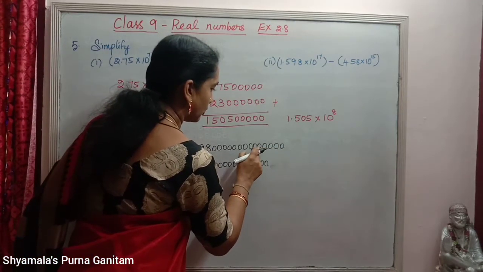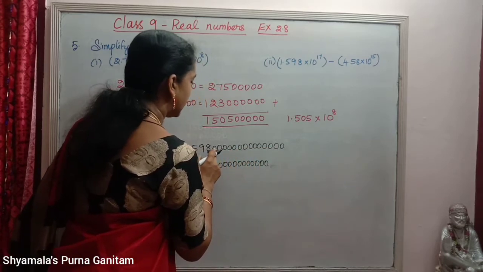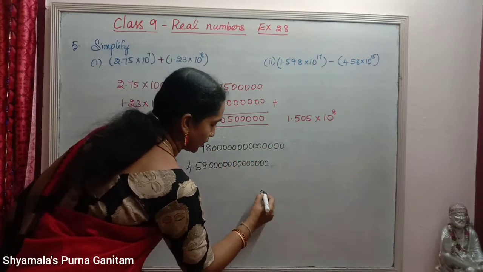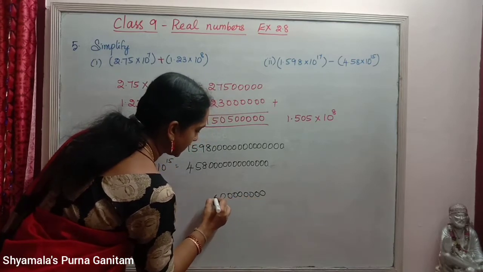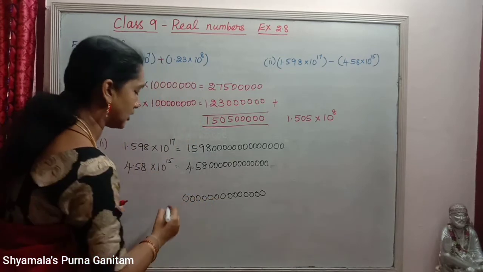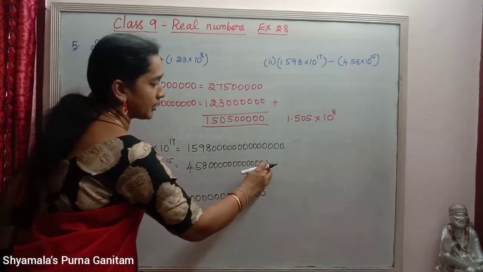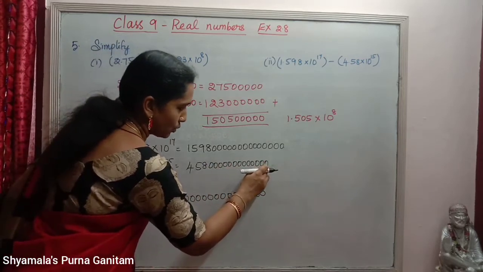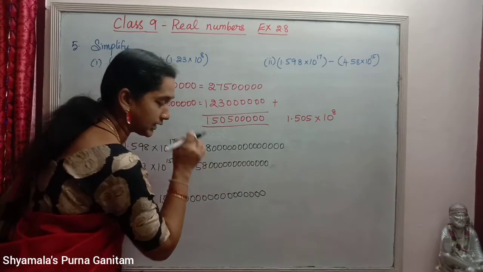1, 2, 3, 4, 5, 6, 7, 8, 9, 10, 11, 12, 13, 14 zeros. Then 1598, this also we will write from the back. Then 13 zeros.